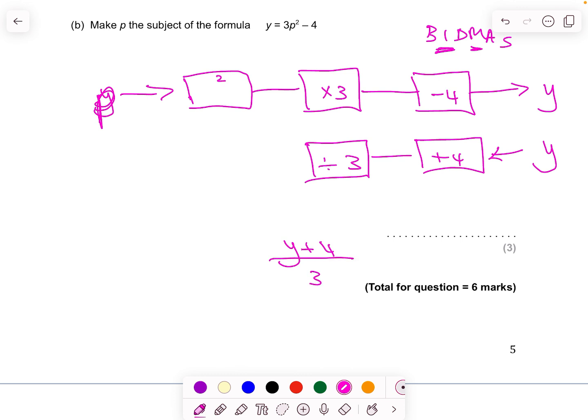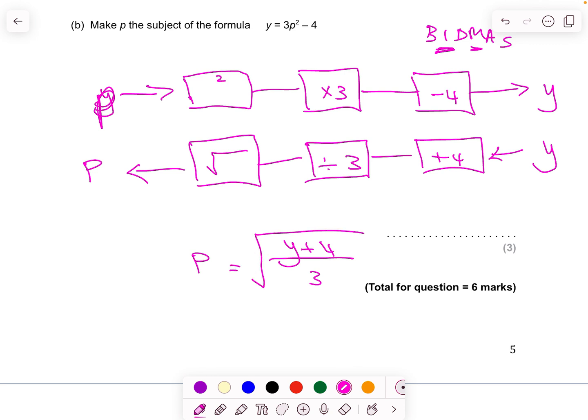Okay? Then the last thing I'm undoing is the squaring. And the inverse of squaring is square rooting. And that will give us P. So P equals all of this square rooted. Okay? So P equals the square root of Y plus 4 over 3. Okay?